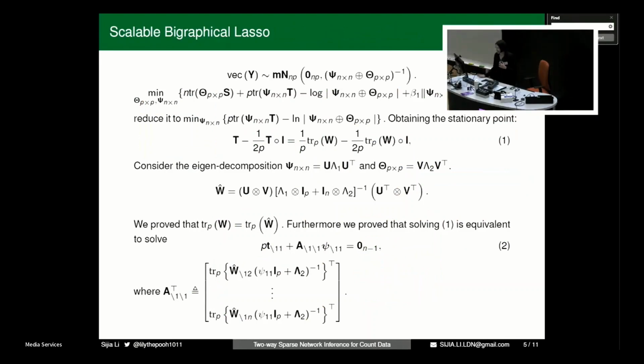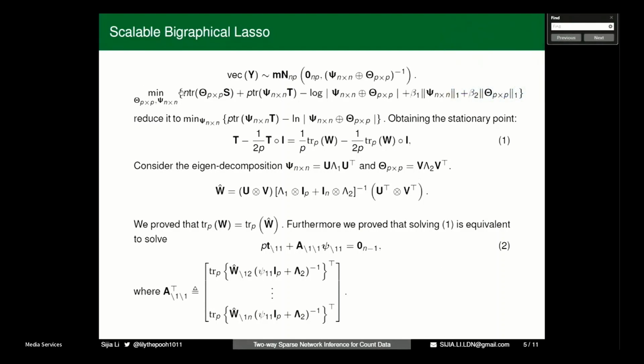I'm afraid there's a bit of math over here, and I'll try to be quick. Y here is the data set we have, and the assumption is that the vectorized version of this data follows a multivariate normal distribution with a covariance matrix in the form of the inverse of a Cartesian product.